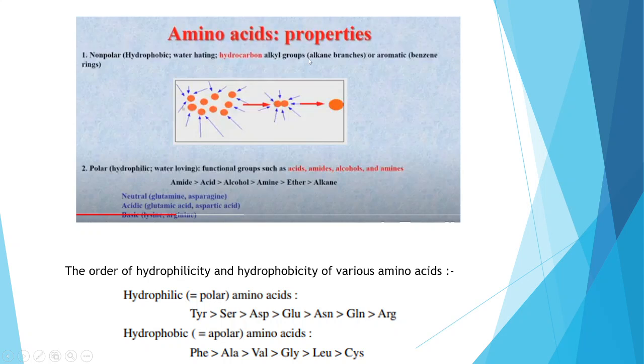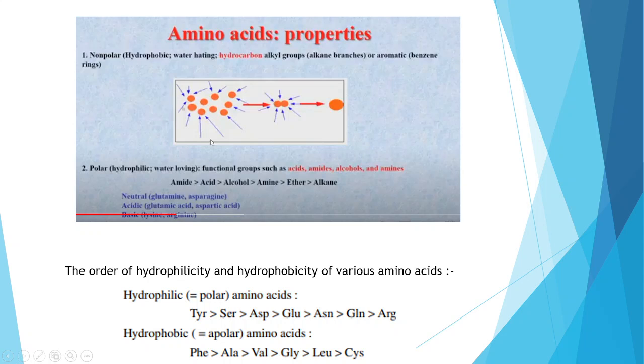This includes alkyl groups, alkane branches, or aromatic or benzene rings. They hate water, and that is why if these arrows are water molecules and these are hydrocarbons of non-polar nature, they tend to aggregate together in an aqueous environment.